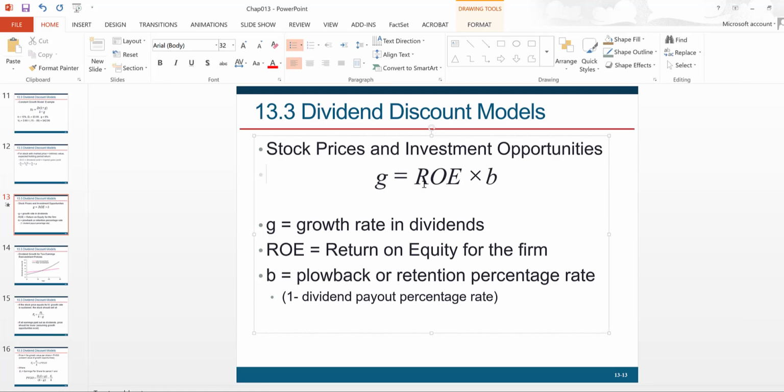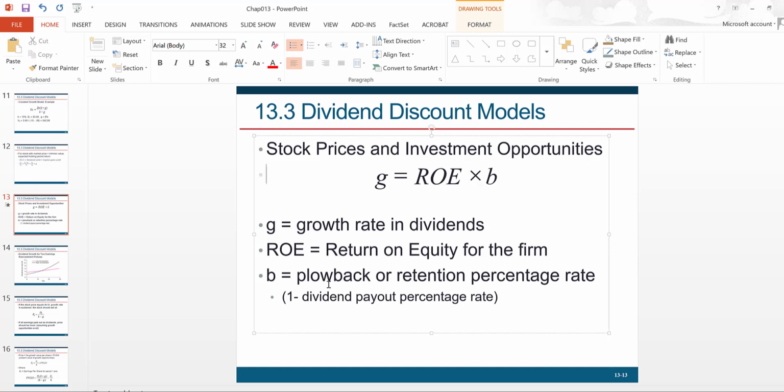Growth rate is the product of ROE and B. Remember, ROE here is a proxy. We are using return on equity, but if you have some other, better way of estimating the return on investment, that is what should be used in this equation. We are just using ROE as a proxy for return on investment.